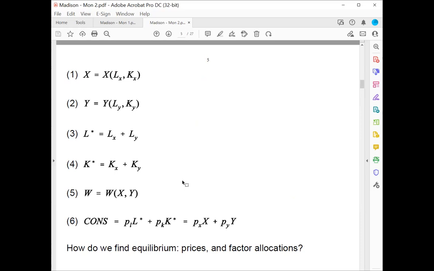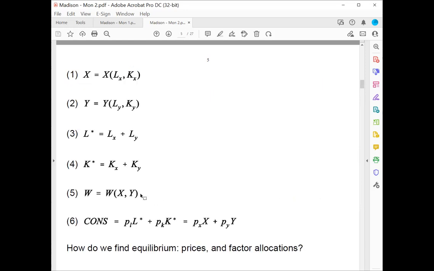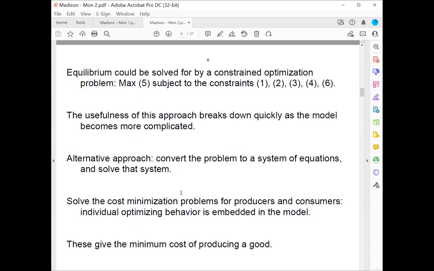So this set of equations I wrote down could actually be treated as an optimization problem. You could maximize welfare subject to all the other equations as constraints. There's actually a theoretical justification for that called the first theorem of welfare economics, which says that a competitive equilibrium is Pareto optimal, and there's only one consumer.